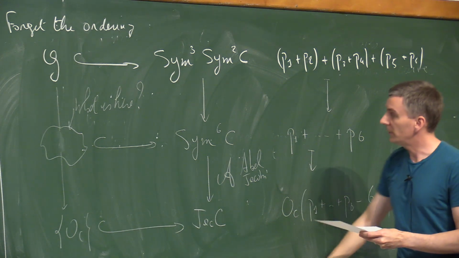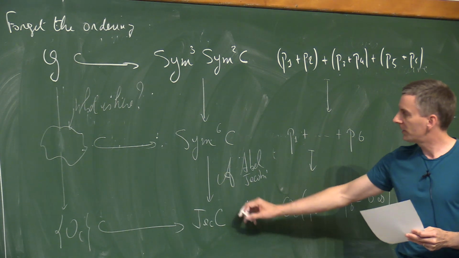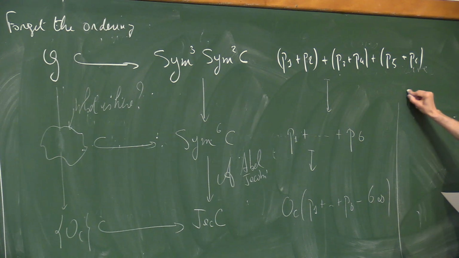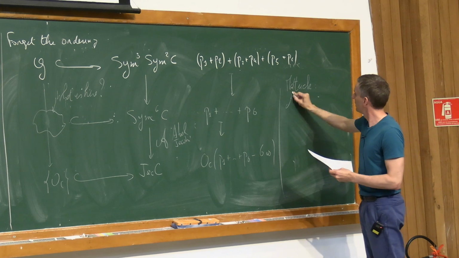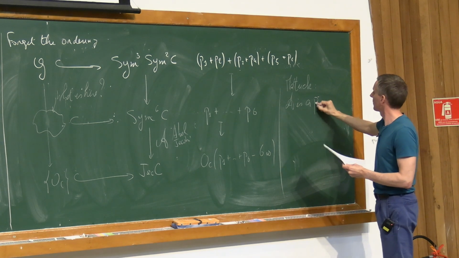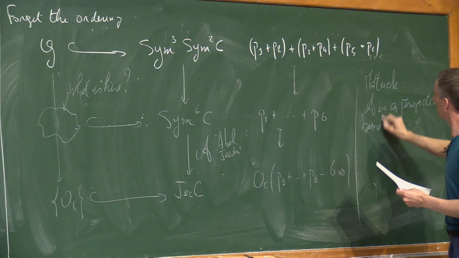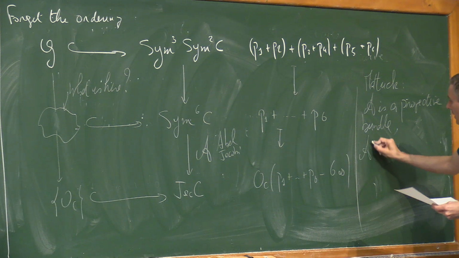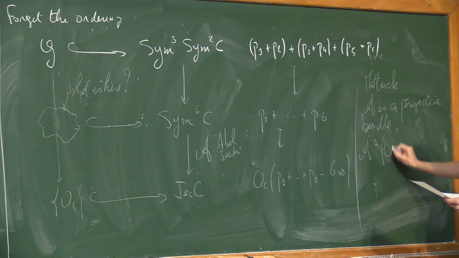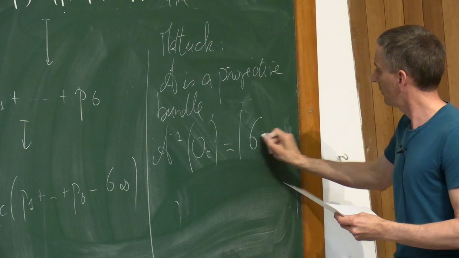And this will be the linear system of cubics. Let me explain why. Well, first, we know from a general result of Matsusaka that A is a projective bundle. And it is easy to check that, in fact, the preimage of 0 is the linear system of 6 times infinity.